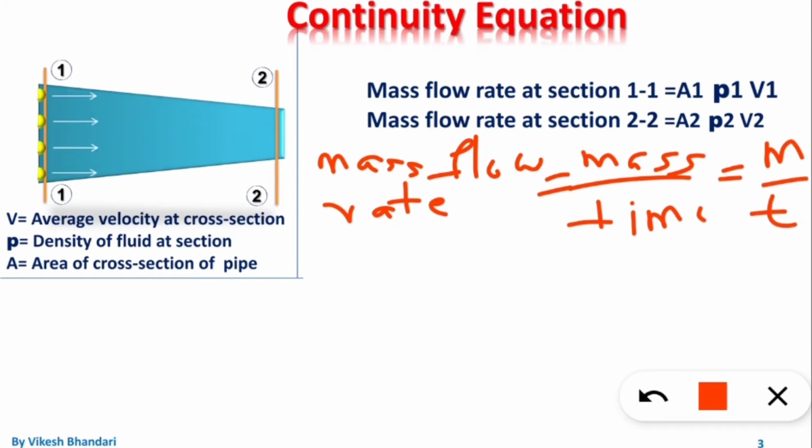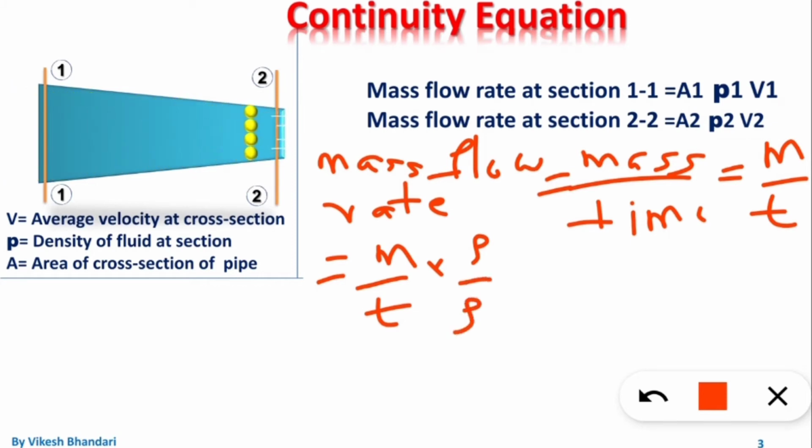Since the fluid is characterized by its density, if you take any fluid, what is it characterized by? By its density. So I will rewrite the equation as m divided by t, multiplied and divided by rho, the density. Then again I will rewrite this equation as m divided by t into rho density.